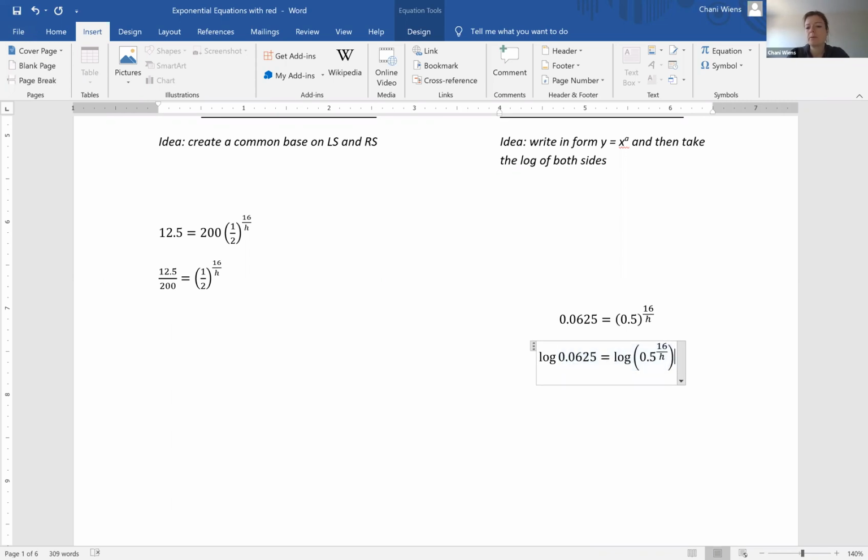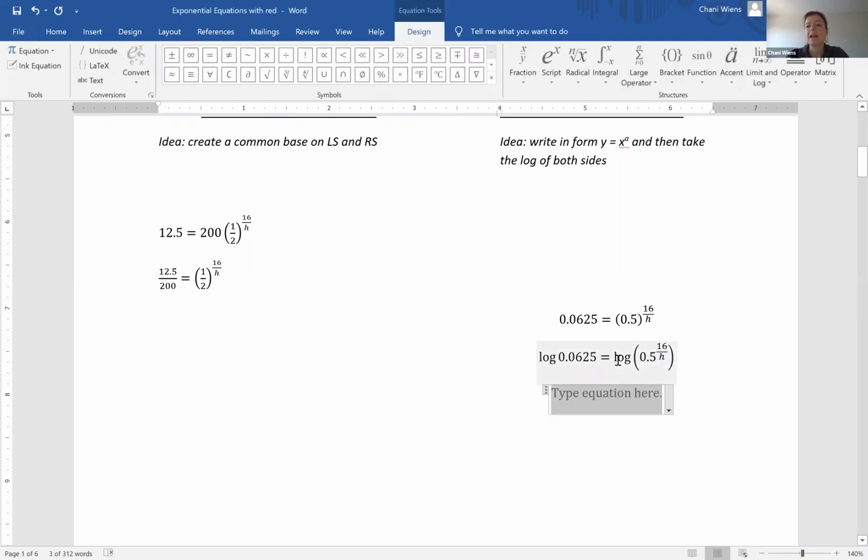Now, why would we do this? You might be saying to yourself, Mrs. Weens, why are we taking the log of both sides? Because when we take the log of the right side, this 16 over h can be moved down as a coefficient according to our rules of logarithms.